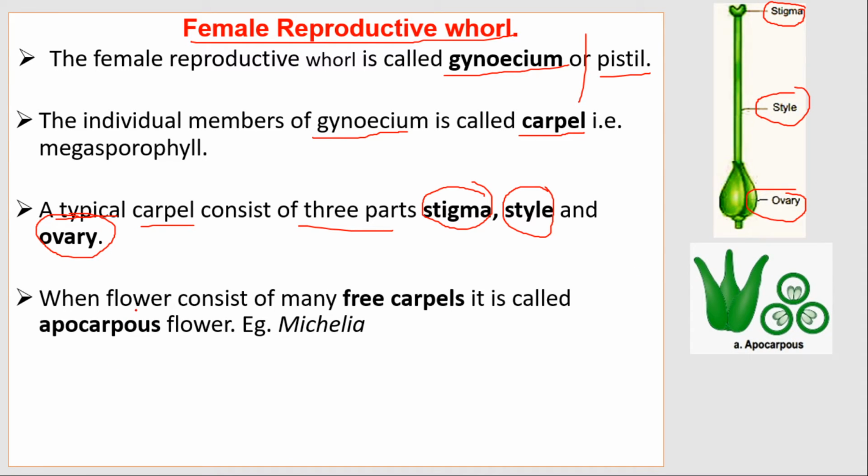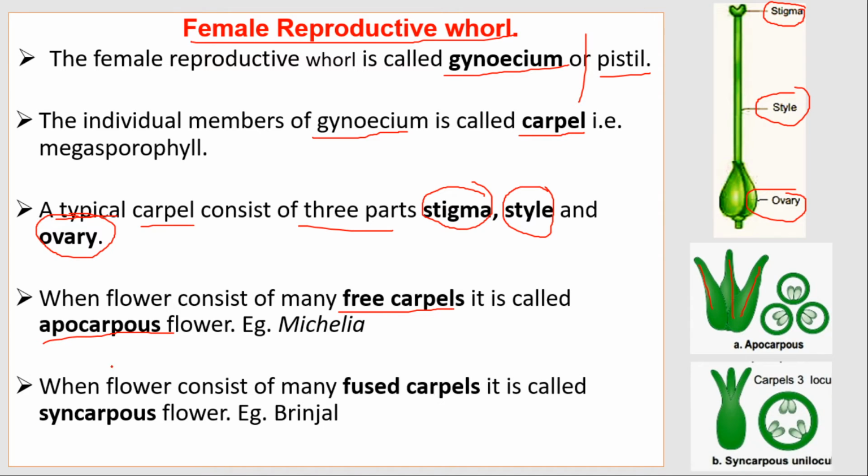If the flower consists of many free carpels, now look here, the carpels are free, it is called apocarpous flower. And if the flower consists of many fused carpels, now look here, these carpels are fused together, it is called syncarpous flower.